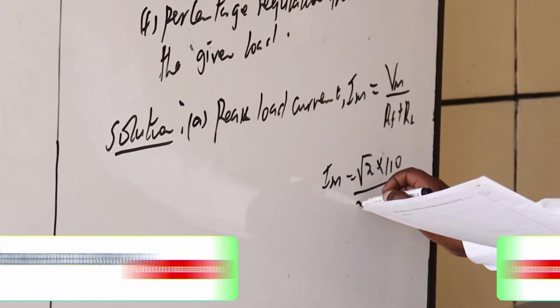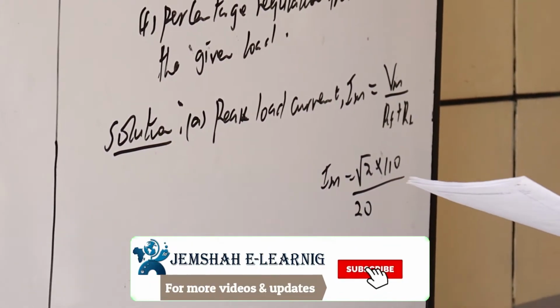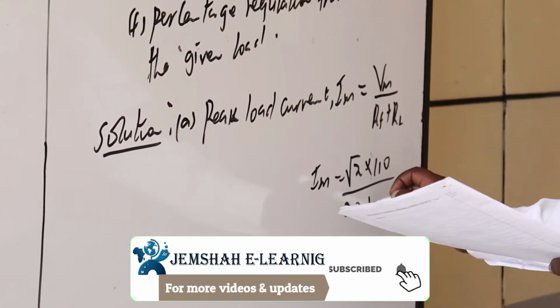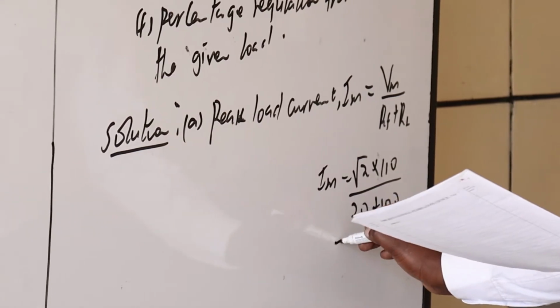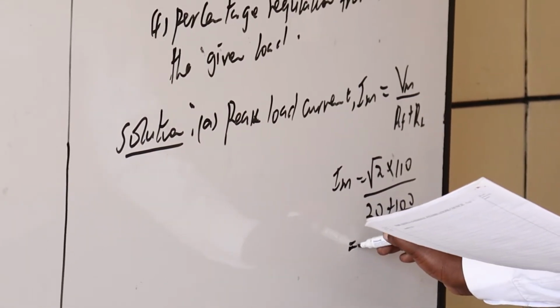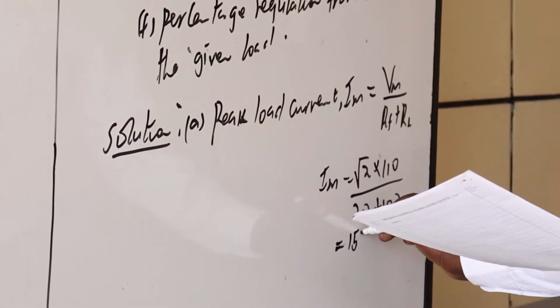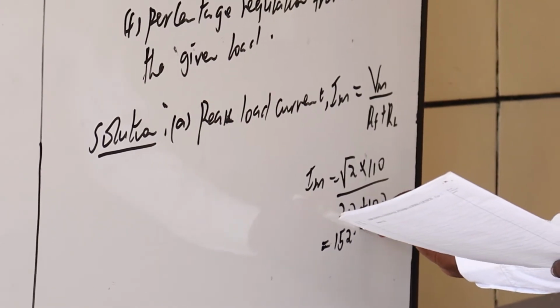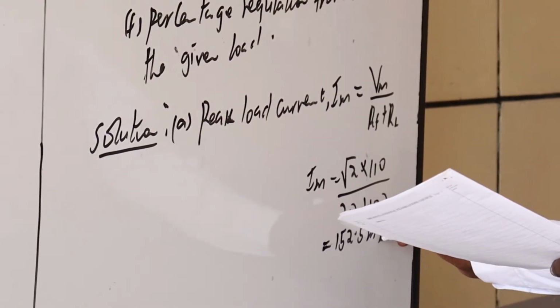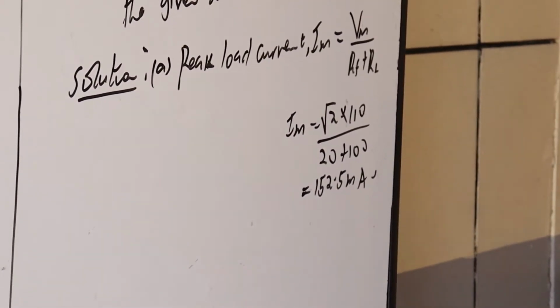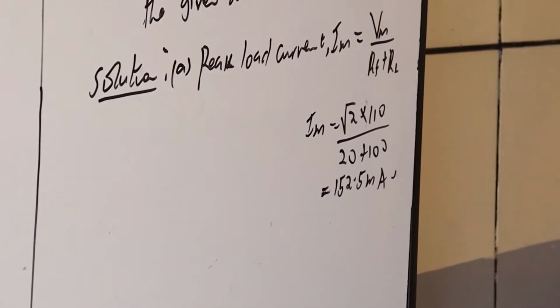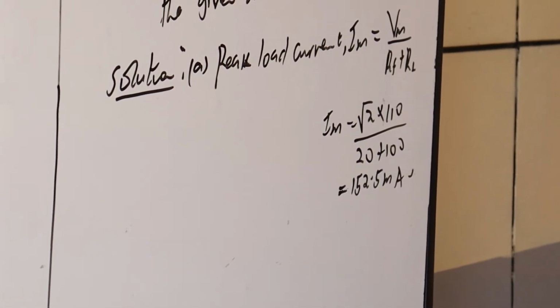Here, RF was given as 20, and our RL was given as 1000. So this will give us 152.5 milliamperes. That is the solution for our part A, the peak load current.